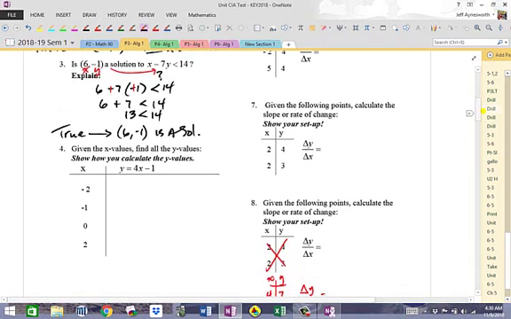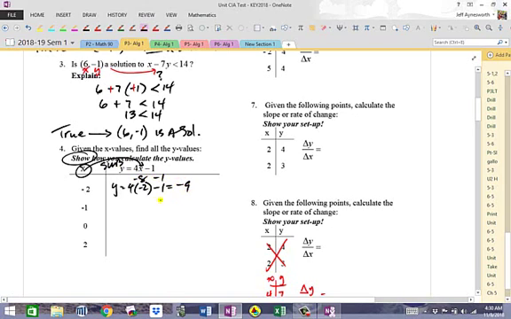Substitute in, use order of operations, and simplify it. Here, given these x values, find all the y values and show how you calculate it. I said show. So y is equal to 4 times the x value. You've got to take x and substitute it in. That's going back to basics, right? 4 times -2 minus 1. Well, let me see. This is -8 minus 1.